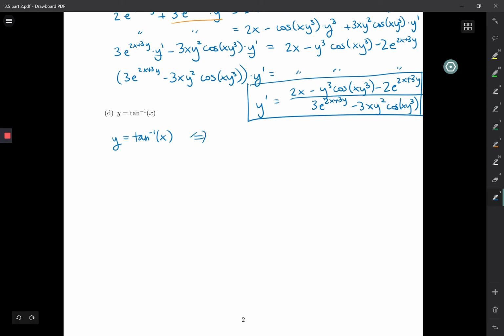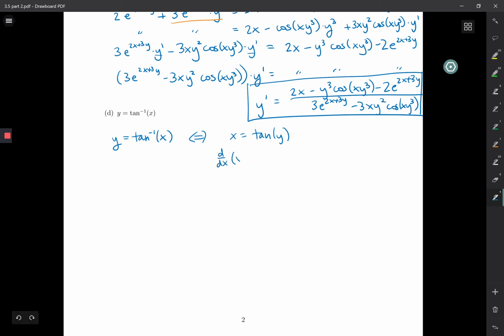So y is equal to inverse tangent of x if and only if x is equal to tangent of y. Now we have an equation that we can use implicit differentiation on, right?